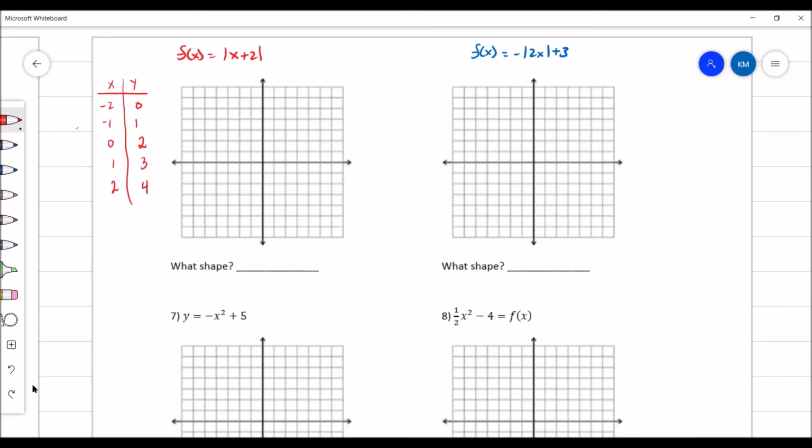Okay, look what happened. We have (-2, 0), (-1, 1), (0, 2), (1, 3), (2, 4). You might say, oh, this is going to be another line too.